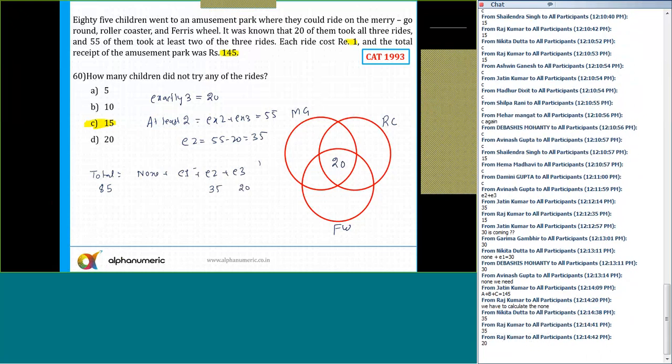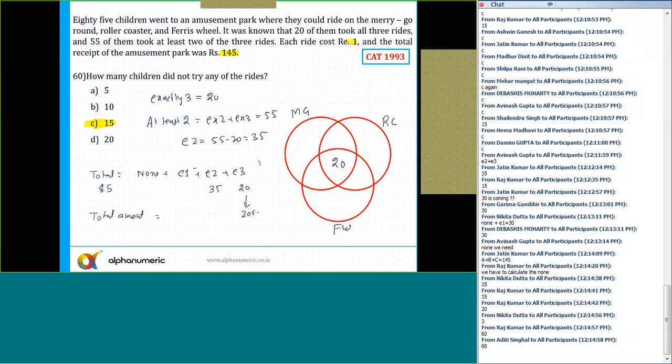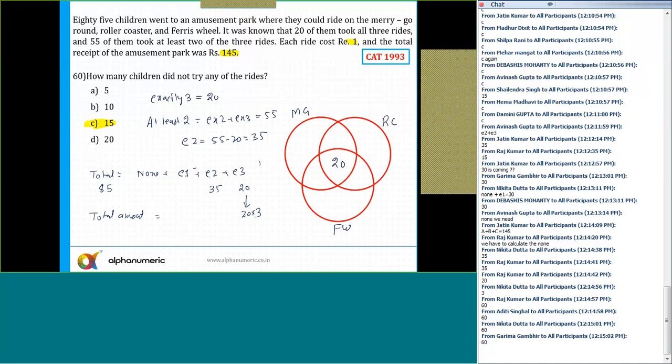So can you say the total amount? There are 20 students who took rides on 3 wheels. So how much amount did they pay? They paid 20 into 3, because they took 3 rides and for one ride the cost is rupees 1.